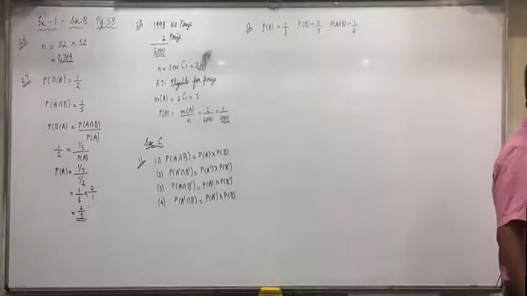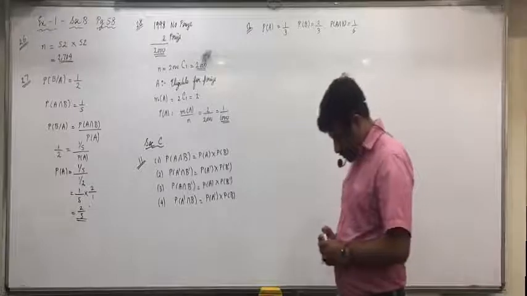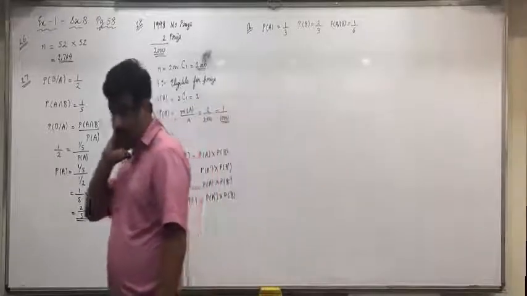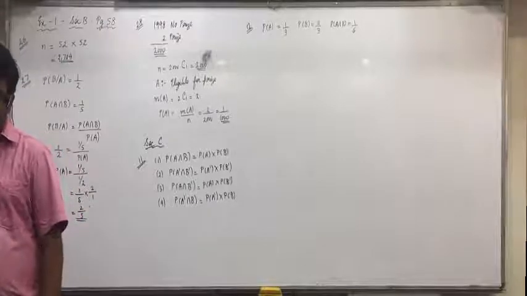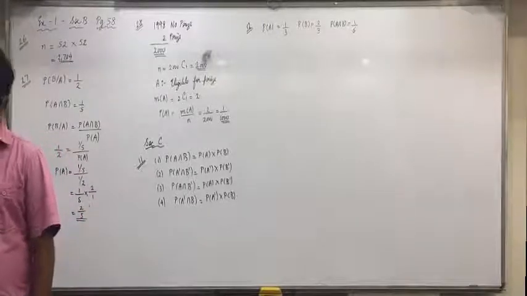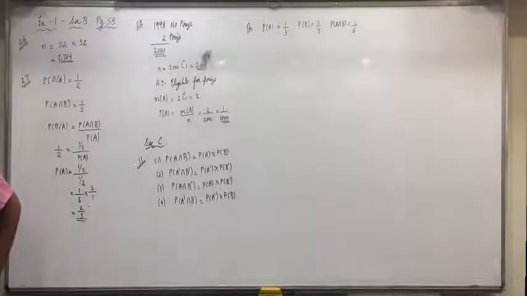How will you find P(A' ∩ B')? Parik? P(A ∪ B'). Any other way of doing it? Shiva? Sir, we will convert P(A) and P(B) into P(A') and P(B'), and then P(A') into P(B').